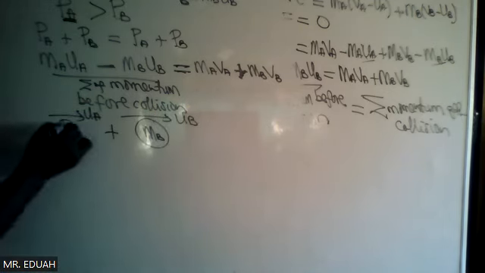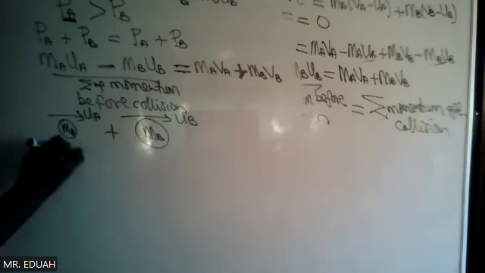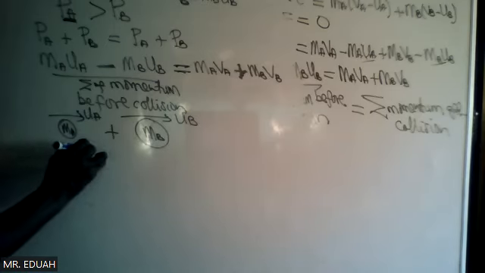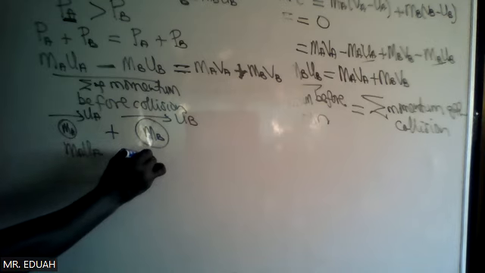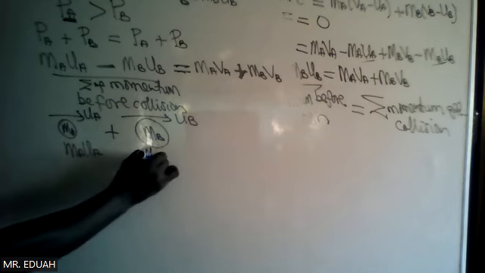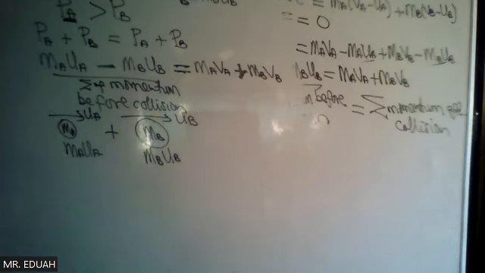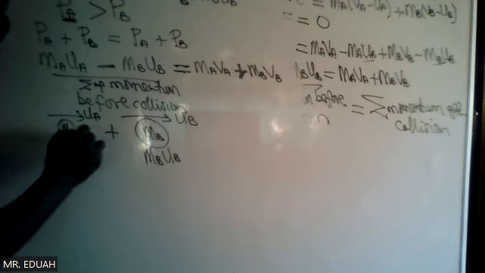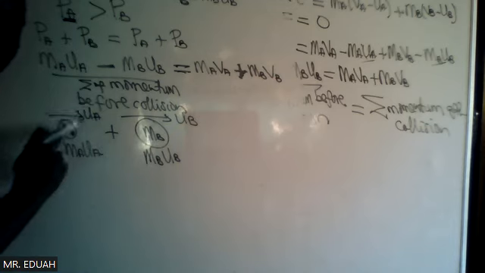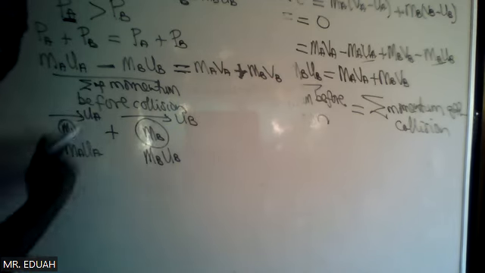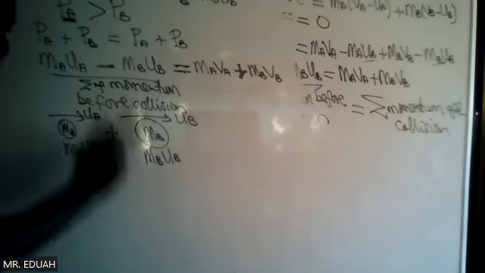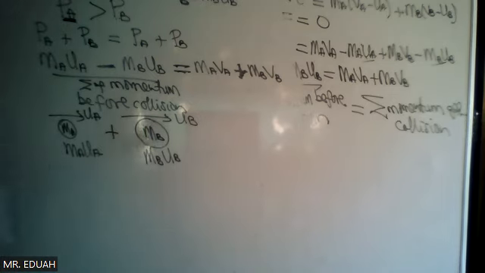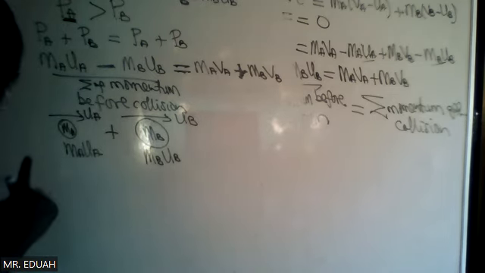If I want to determine the momentum of A, M of A times U of A; the momentum of B would be M of B times U of B. So if I want to establish the law of conservation of momentum, since they are in the same direction, I have to sum up their individual momenta. So the momentum of this plus the momentum of this would give me the sum of momentum before collision.